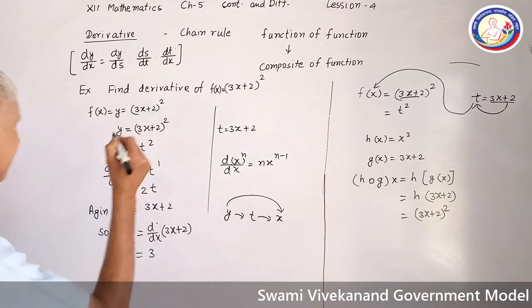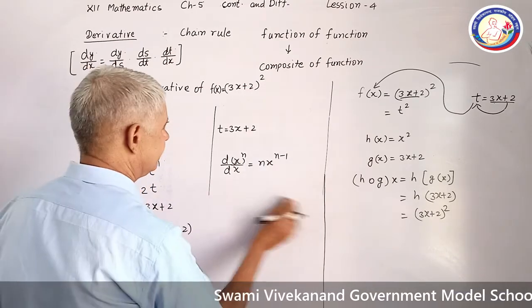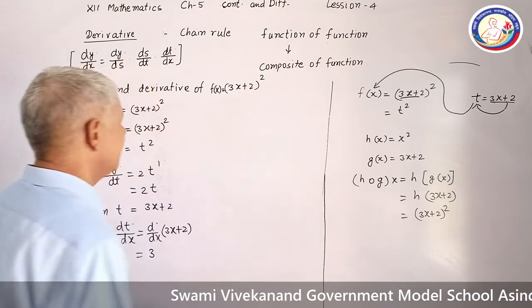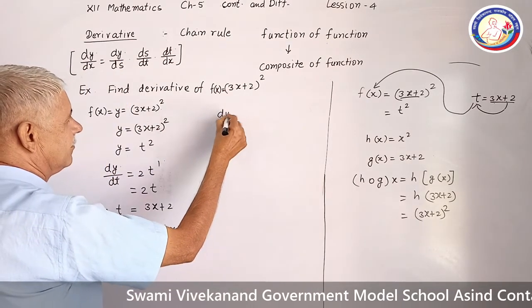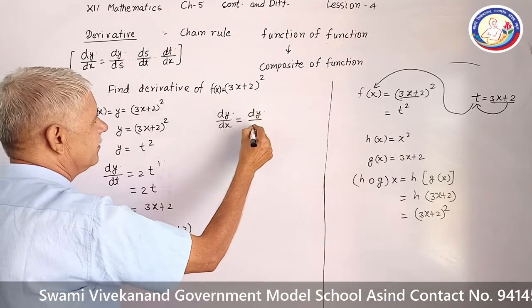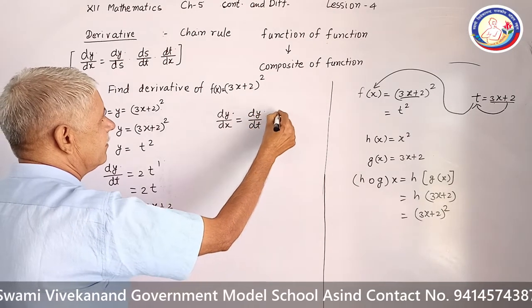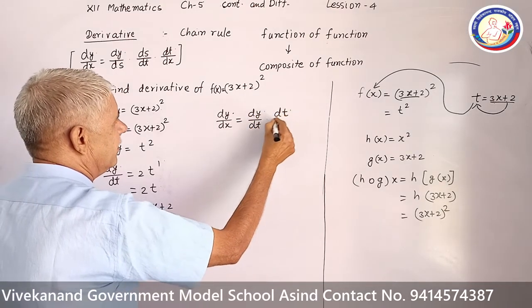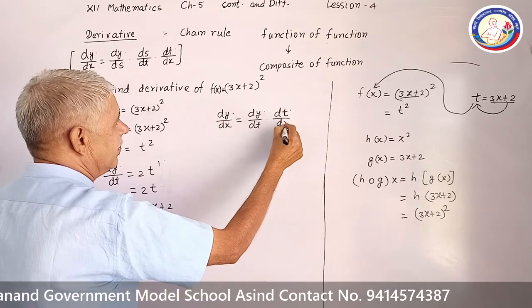So we will have the derivative of y with respect to x equal to the derivative of y with respect to t and then dt by dx, the derivative of t with respect to x.